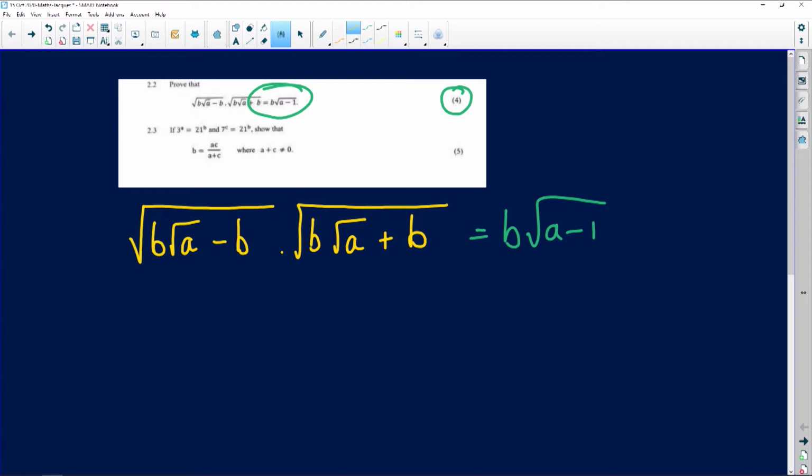Now, let's see. What do I have hidden on my left-hand side? I have 2 rules. One is an exponential rule or surd rule. The other one is an algebra rule.